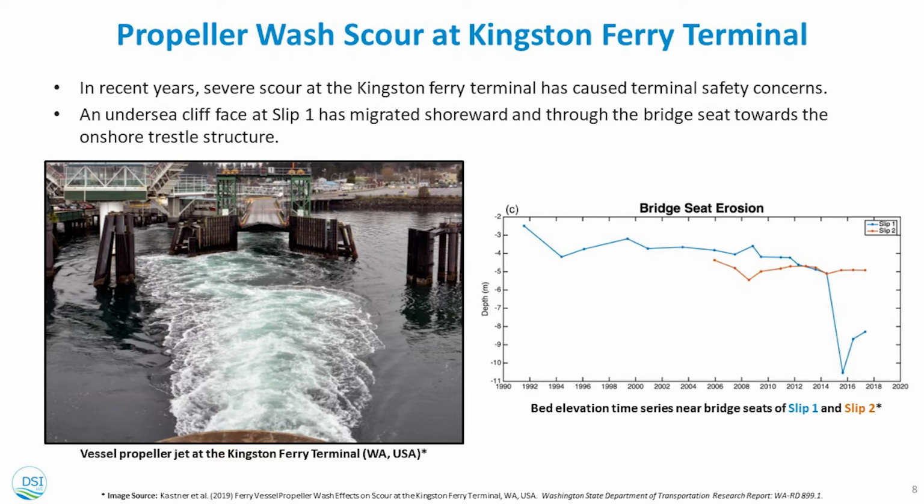The figure that you see to the right of the photo shows a time history of the depth of water below mean low water at 2 locations behind slip 1 and slip 2. So we're focused here on slip 1, which shows a fairly large-scale erosion event sometime between 2014 to 2016.